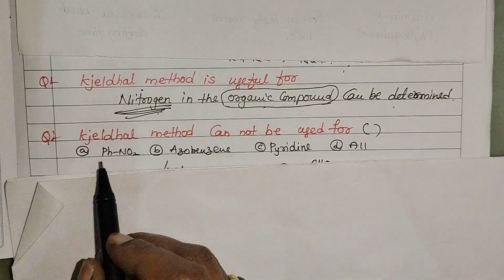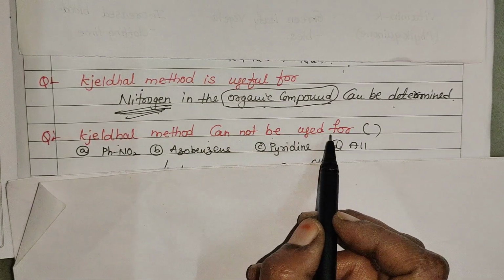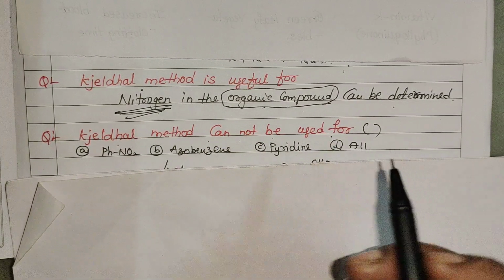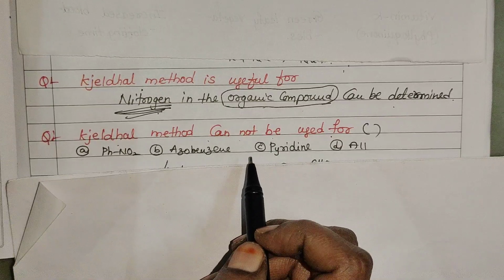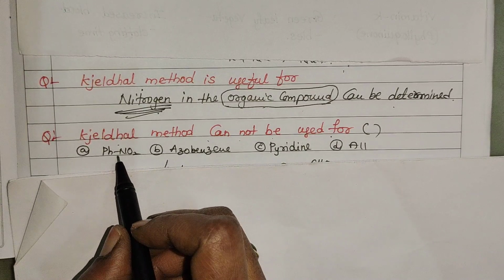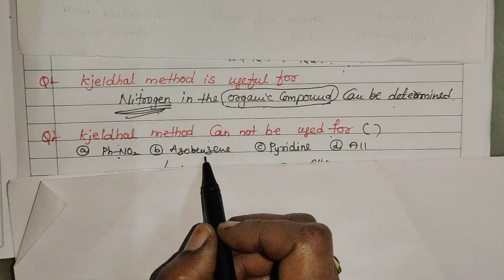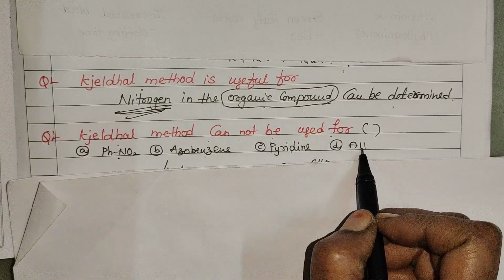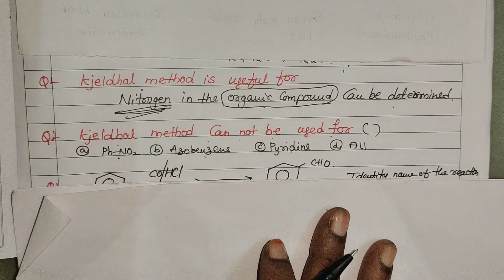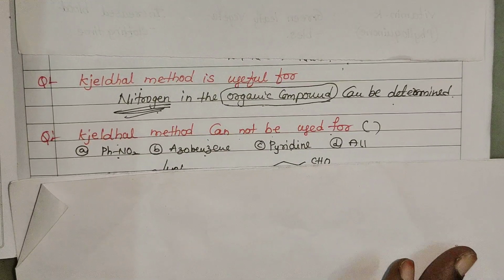Okay, next question: Kjeldahl method cannot be used for, where we are not using Kjeldahl method? One is nitrobenzene, another is azobenzene, another is pyridine, another is all given. So which is the correct option? It means all are right.